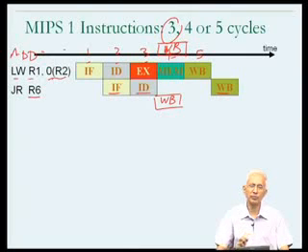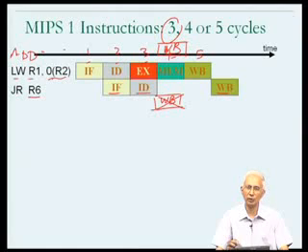Hence, for the same reason that we argued with the previous example, the jump register instruction cannot use the write back hardware in cycle number 4, because it would conceivably be in use by the instruction before the load word instruction in that cycle. It cannot be used in cycle number 5 either, and therefore the earliest that we can use the write back hardware for the jump register instruction would be cycle number 6.